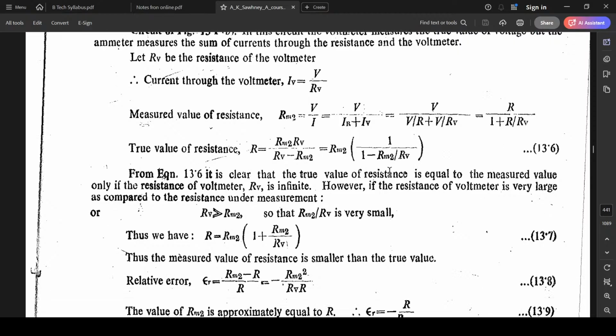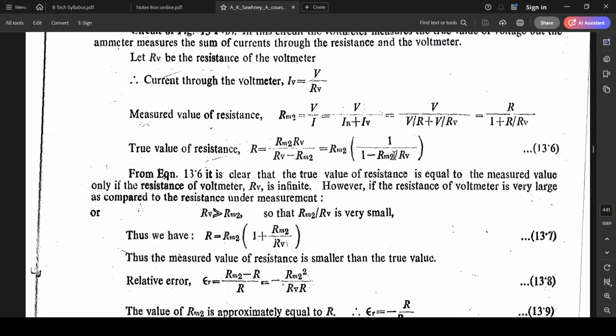From this equation, it is clear that the true value of resistance is equal to the measured value if this becomes 1, and for this, 1 upon 1, so this becomes 1 minus 0, so it should be 0. For this should be 0, or you can say this should be infinity, because if this becomes minimum 0, this becomes undefined infinity.